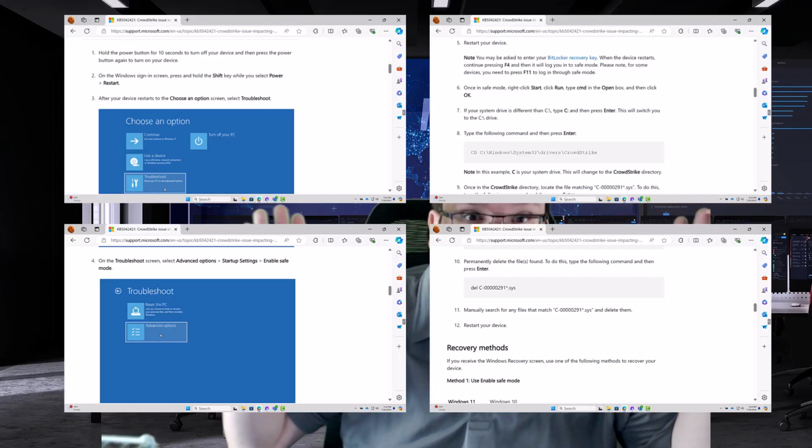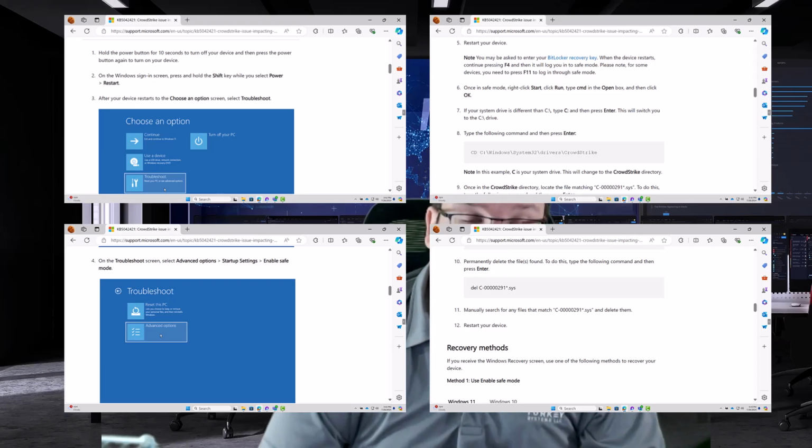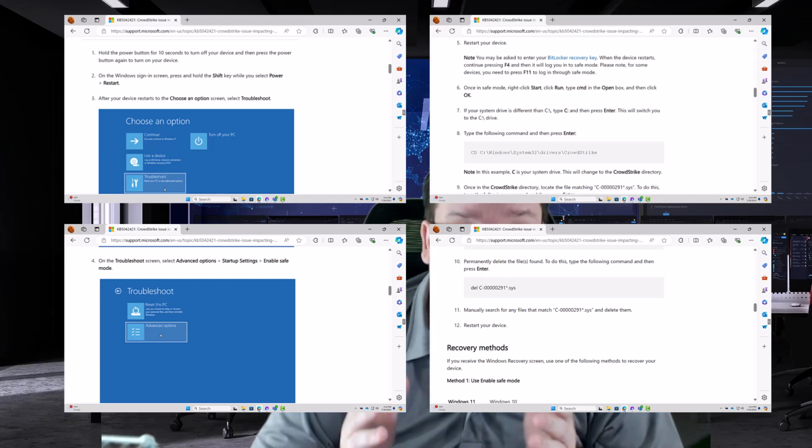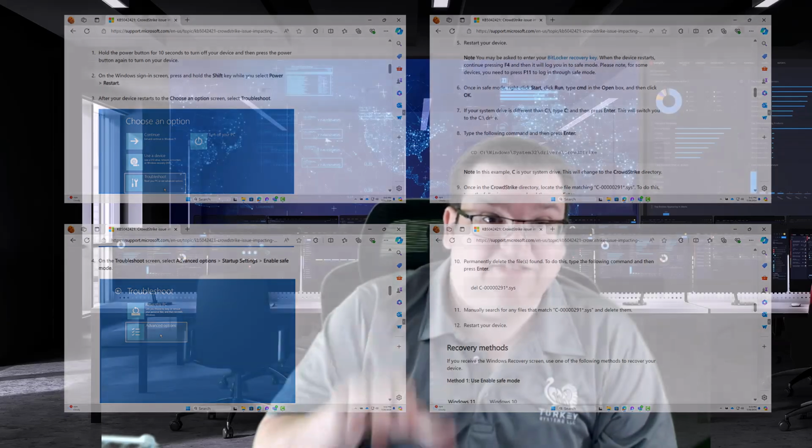Now, Crowdstrike very quickly, and I've got to give them kudos for this, immediately said, guys, it's our fault. We're sorry. This is what you need to do. The bad part about it is it required IT teams to go out and touch every single system manually, boot it into safe mode so they could remove those drivers out of the kernel area by deleting a couple files out of the System32 directory.